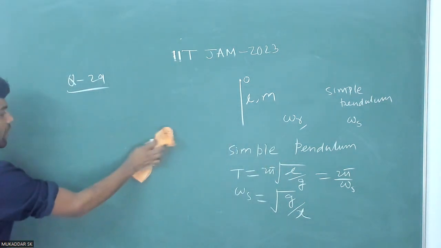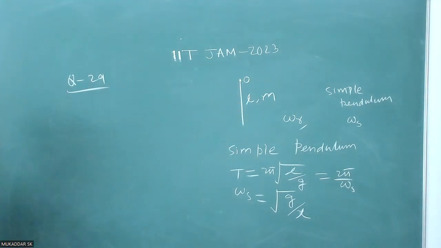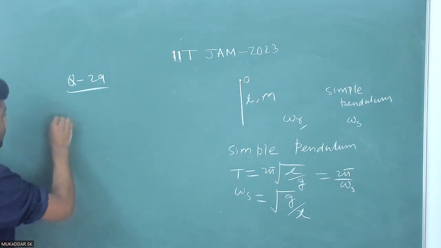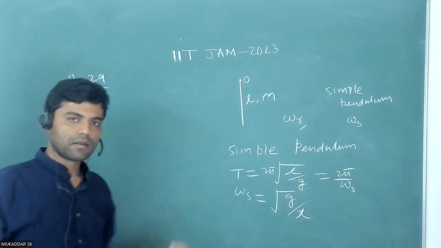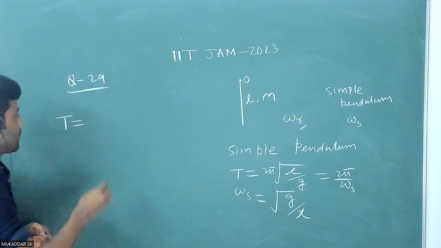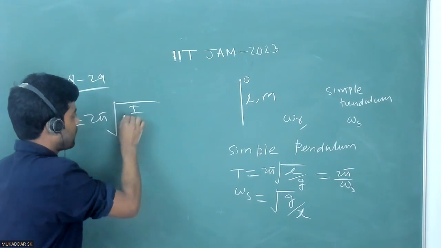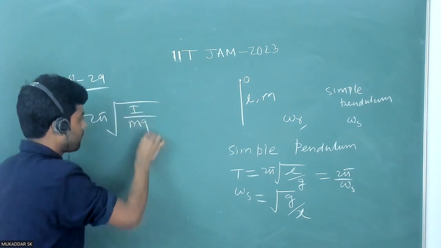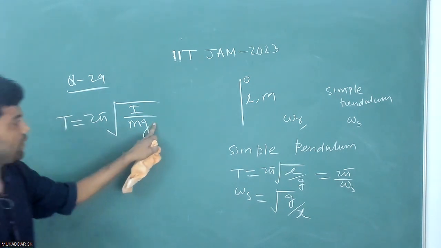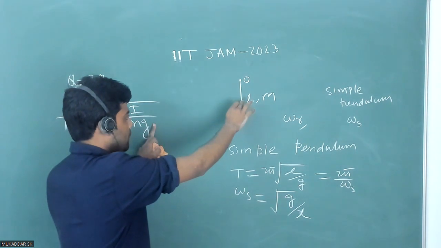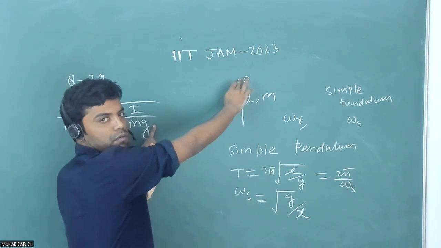Now to calculate omega r for the stick. Okay, so first of all, if I calculate the time period of oscillation of the stick, say like a compound pendulum or physical pendulum, then the formula is 2 pi square root I, this moment of inertia, divided by m into g, and then you have L, and that L is basically the distance from center of gravity to the point of suspension.